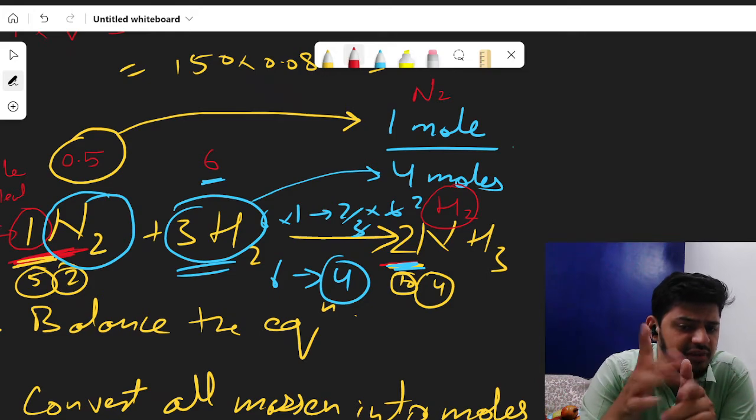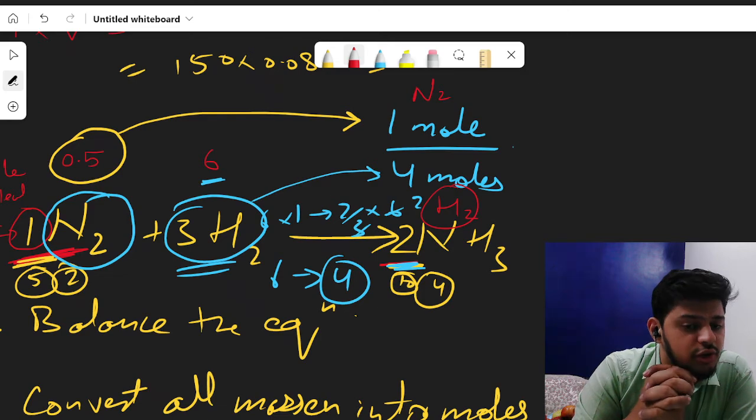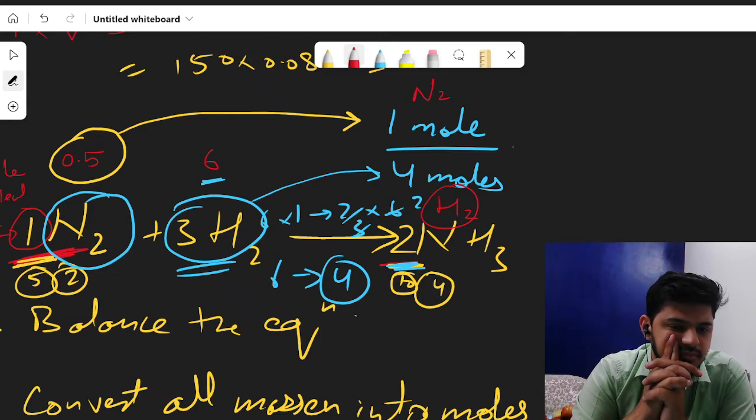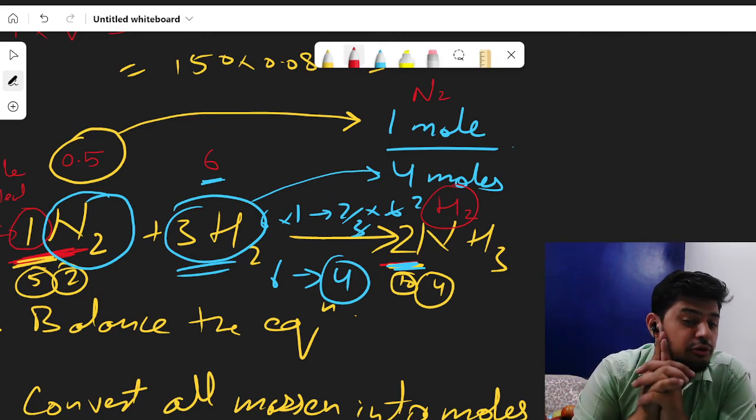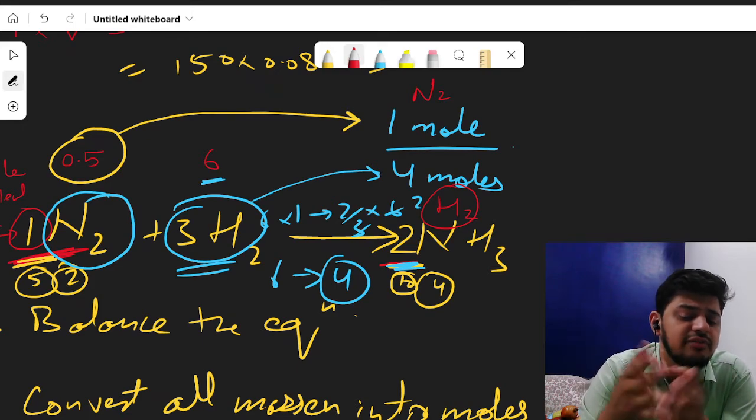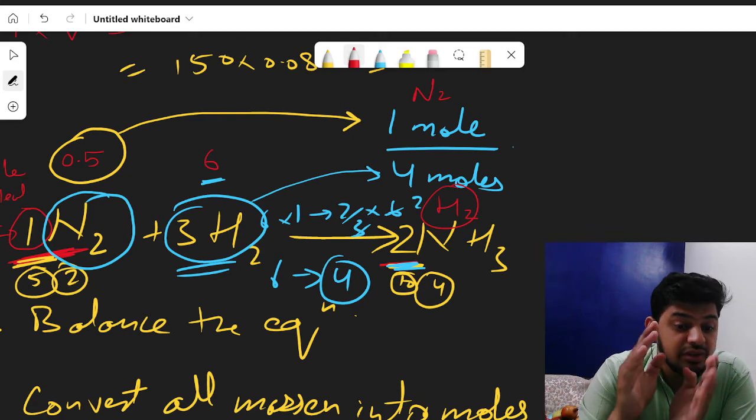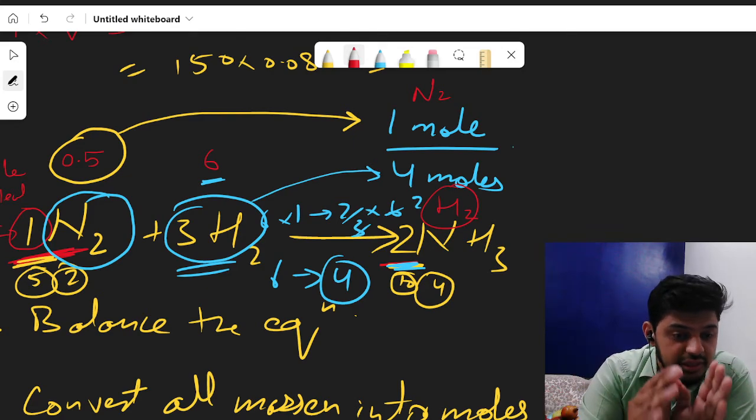Okay, 1 mole of ammonia will form. Can you tell me how much volume of ammonia will form at STP? Do you think you can do that? Think. If the moles are given, you can tell the volume also. This comes in this chapter.